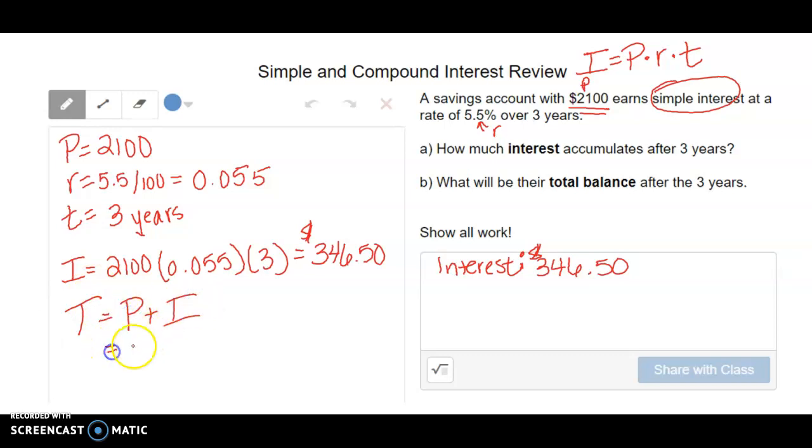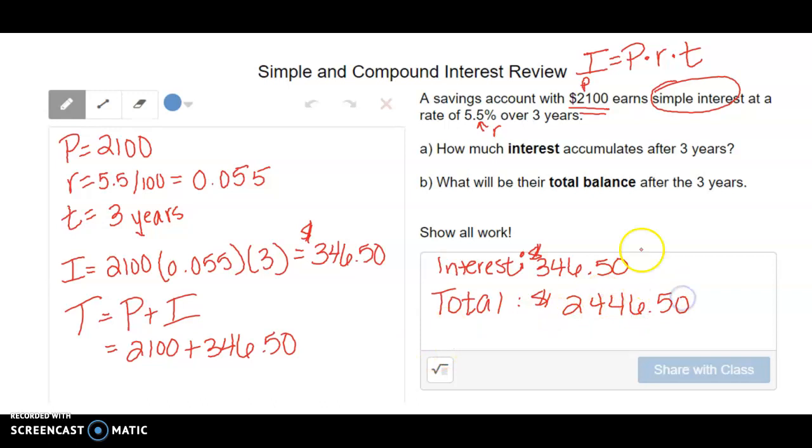So our principal amount was $2,100 plus our interest of $346.50, which gives us a total of $2,446.50. So those are our two answers for this problem.